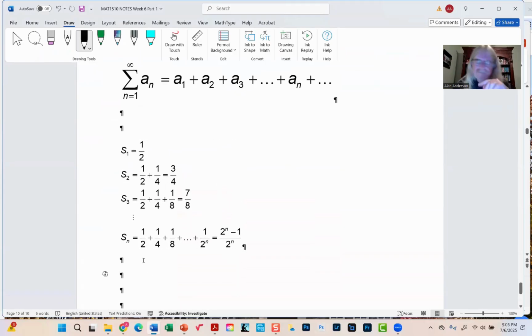So let's say we're interested in the fourth partial sum.